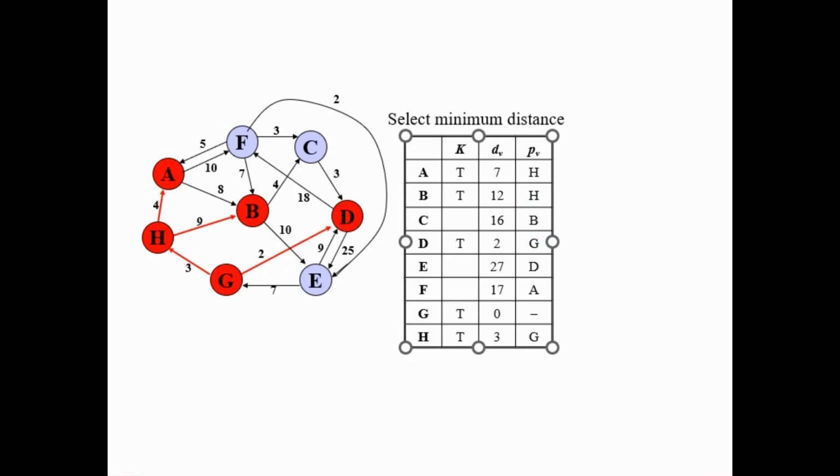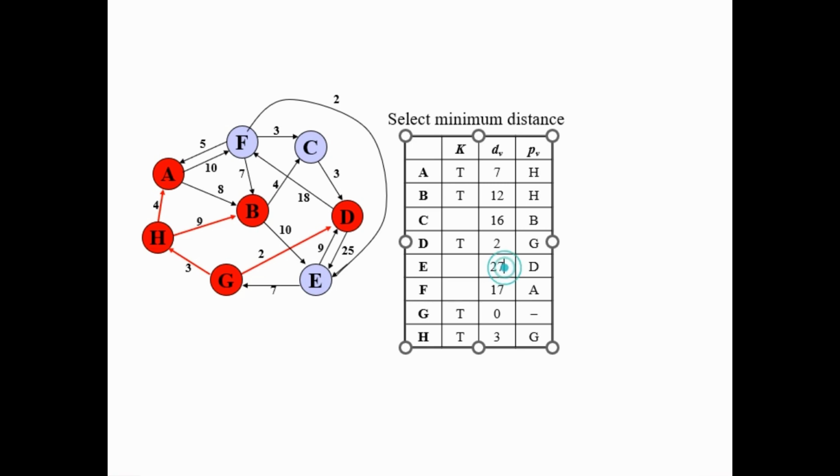Now going from B to E, E already has a cost of 27. Let's see if the new cost is less than or greater than this value. The total cost of going to B starting from G is 12, and the cost of going from B to E is 10, so that makes a total of 10 plus 12, which is 22, which is definitely less than the old value.